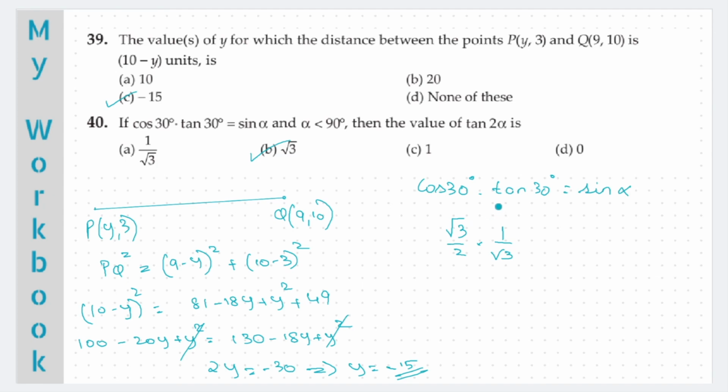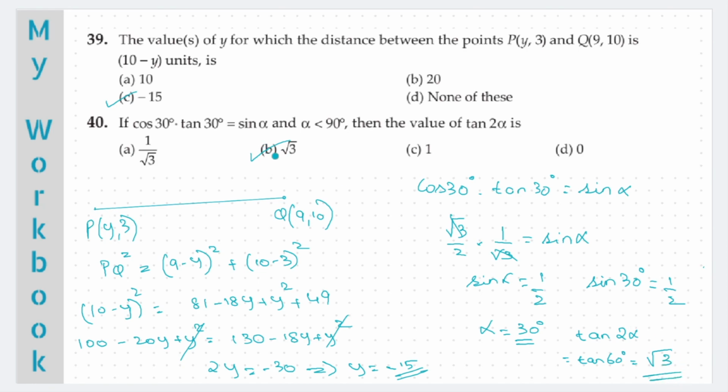For the remaining, you can derive it if you know sine, cos and tan. Sine alpha is 1 by 2. We know that sine of 30 degrees is 1 by 2. So from these two, we can conclude that alpha is 30 degrees. We need to find tan of 2 alpha, which is tan of 2 into 30, 60 degrees, and tan 60 is root 3. So option B is the correct answer.